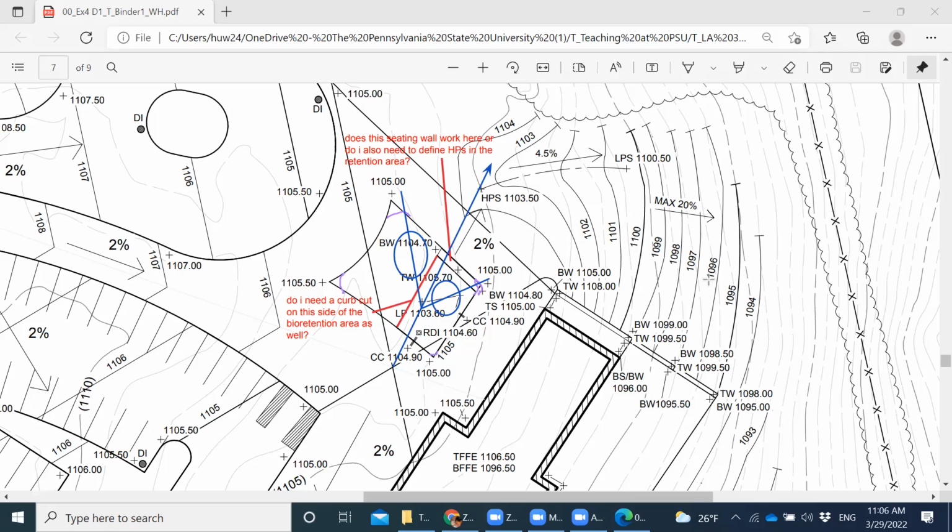Yeah, that's okay. And your RDI right now is 0.3 below. Okay, that's fine. Yeah, RDI 0.3 below this entrance elevation here.